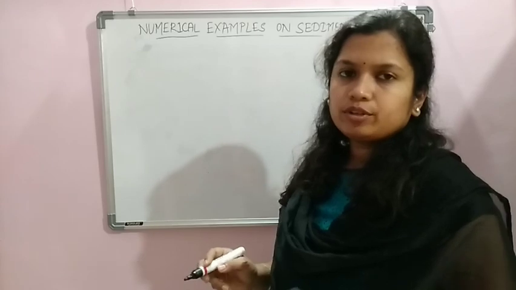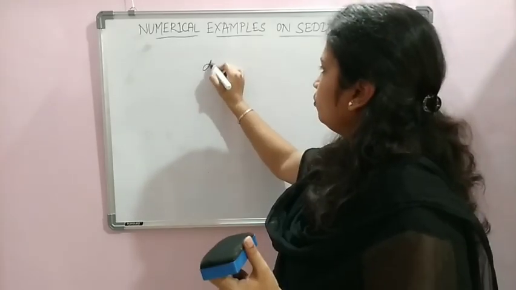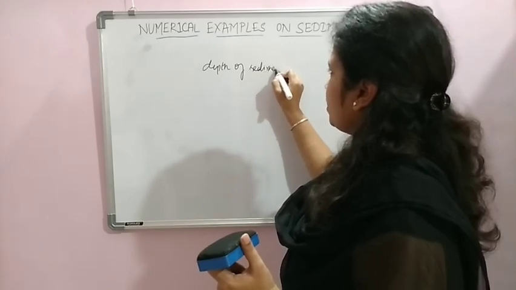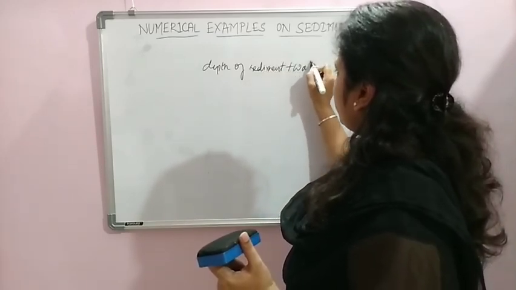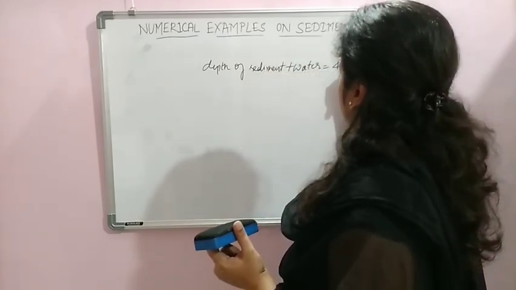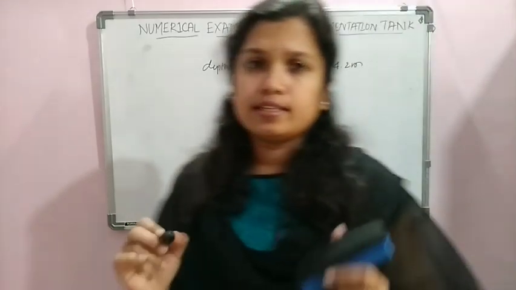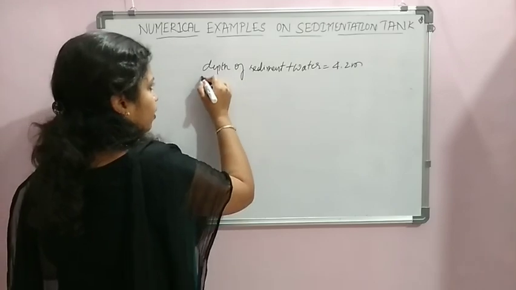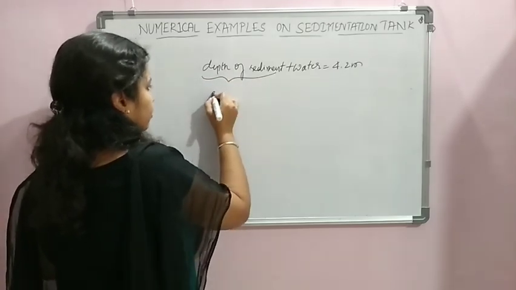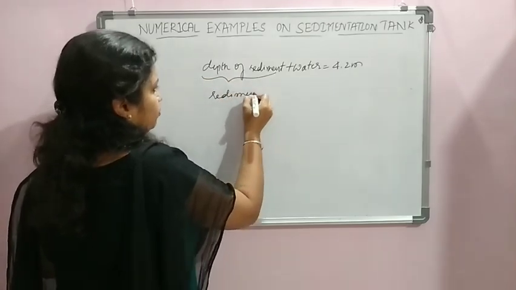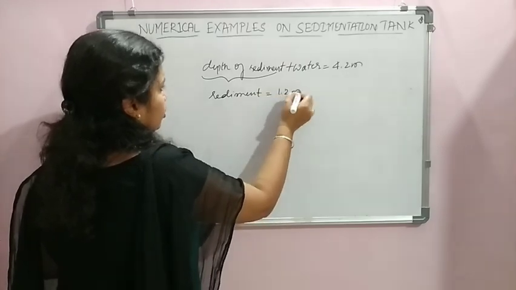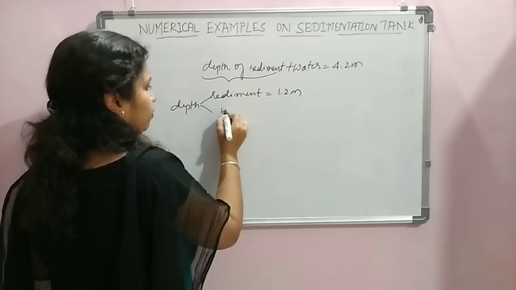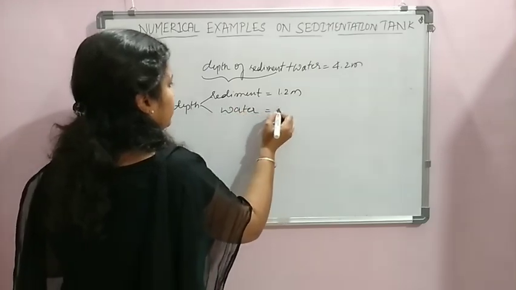In the question they have given the depth of sediment plus water, which is 4.2 meter. Considering the depth of the sediment as 1.2 meter, the depth of the water is 3 meter.